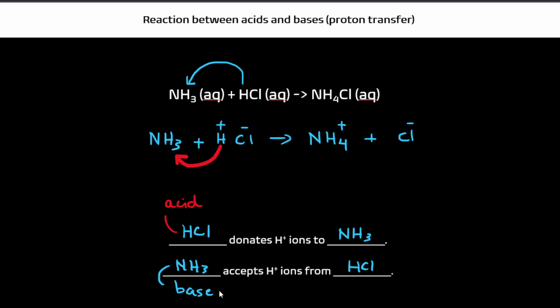In exams, they will ask you about this equation and then ask you to explain why HCl is an acid in terms of proton transfer, and you need to be able to write down these facts. Okay, it's very simple.